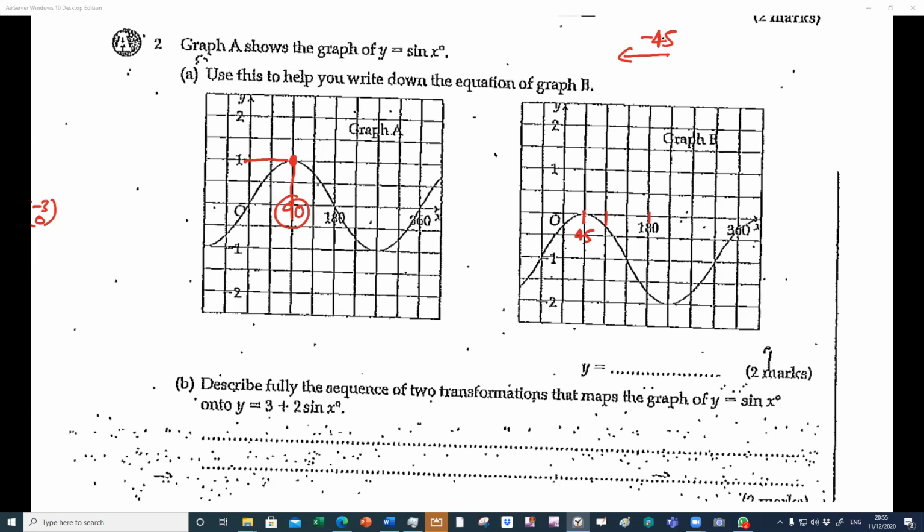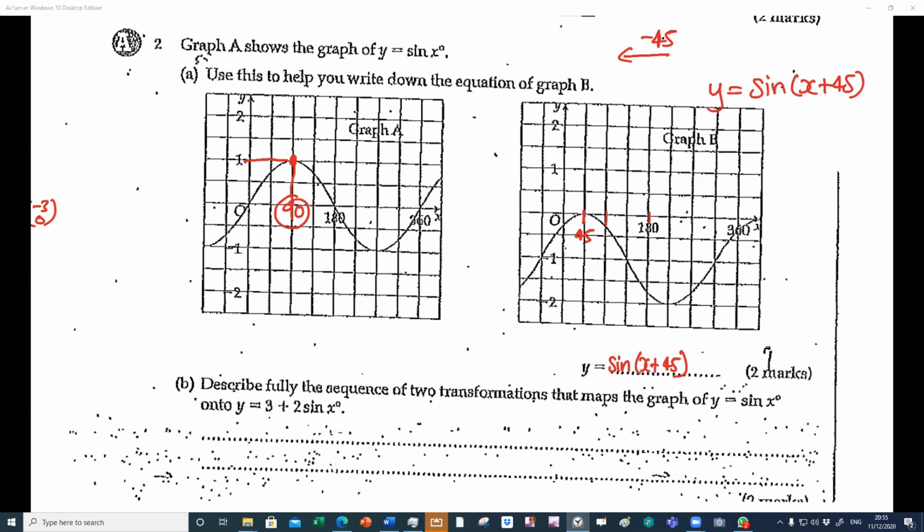So we're going to see y equals sine of x plus 45. Don't forget the plus 45: you think of it as going right, but it's actually going left. So if they've moved left, that means in the function there must have been a plus 45. So that's the first part of the graph: y equals sine of x plus 45, because the graph has moved back by 1 square, which is the worth of 45 degrees.